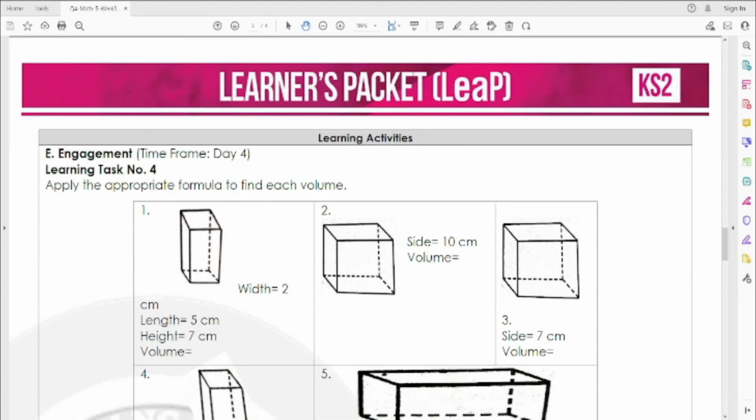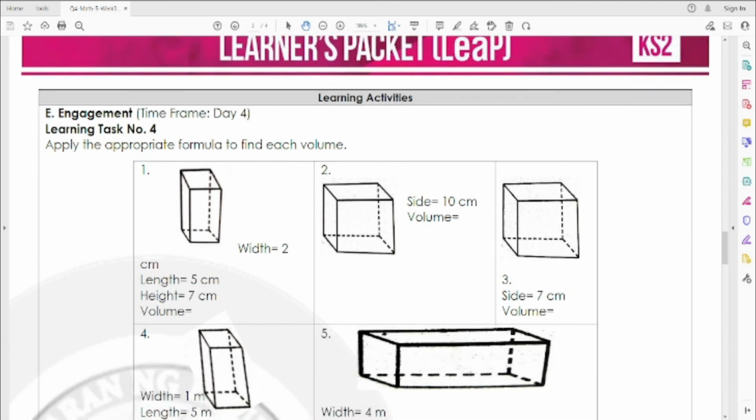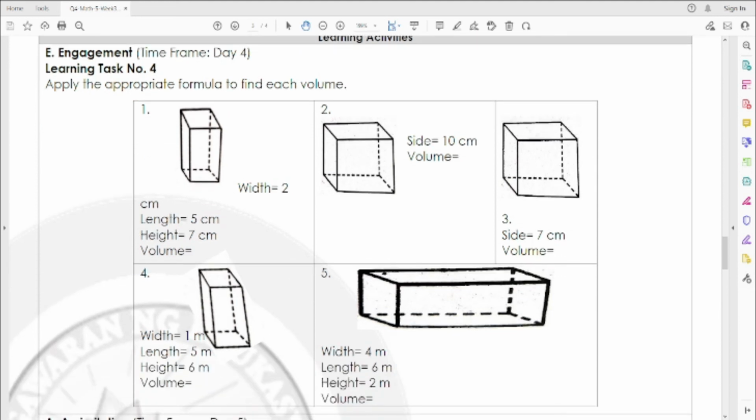Move to learning task number 4, which is also your day 4. Apply the appropriate formula to find each volume. Number 1 is a rectangular prism with a length of 5, height of 7, and width of 2 centimeters.